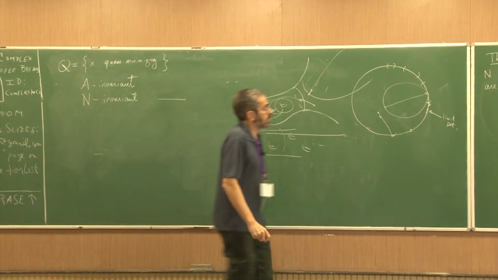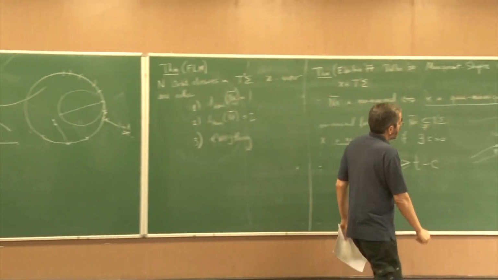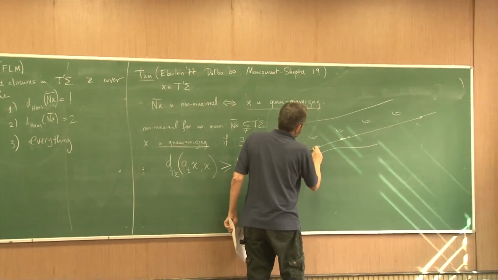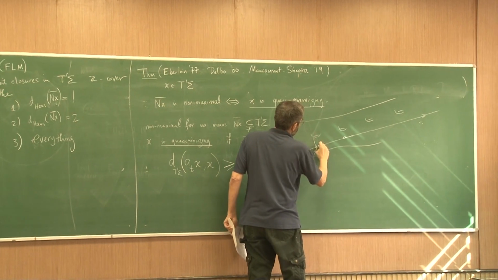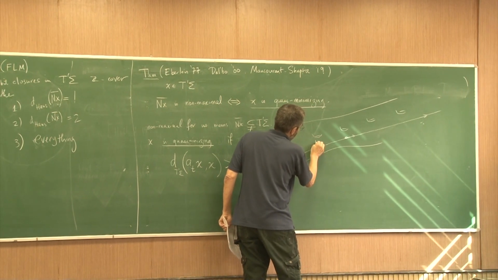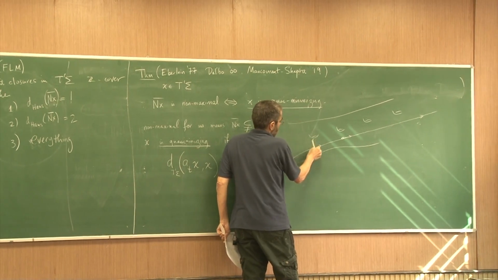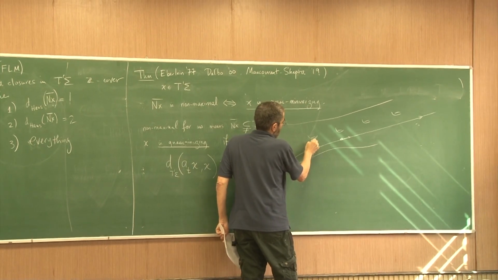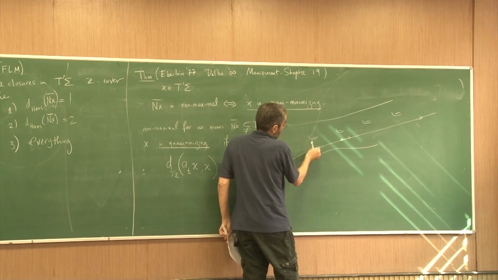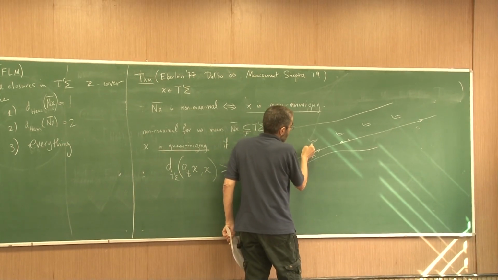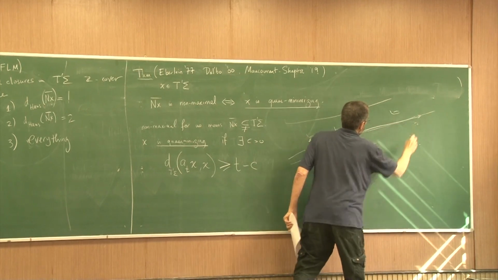And that's because if you apply N to this thing, you don't quite know what it's doing, but let's draw a small amount. So here's a little piece of the N orbit of X, and look at this point on the N orbit. By definition of N, this thing is asymptotic to the original ray.